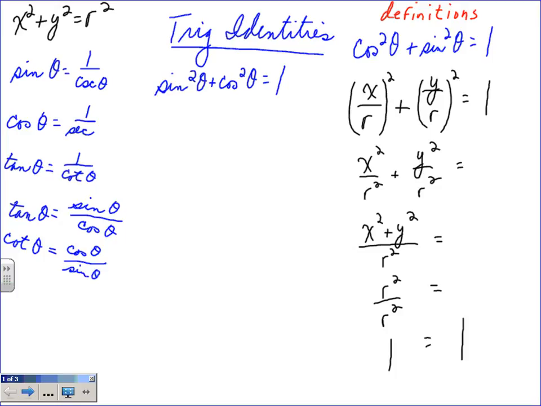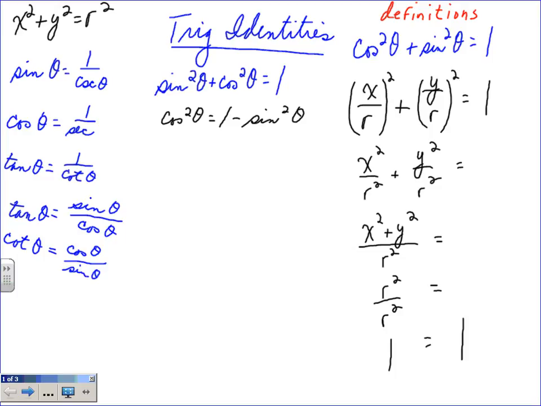Now that I've shown that sine squared plus cosine squared equals 1, now I can use that. I can also use some algebra skills. If I subtract sine squared from each side of this Pythagorean identity, I will get cosine squared theta is equal to 1 minus sine squared theta.